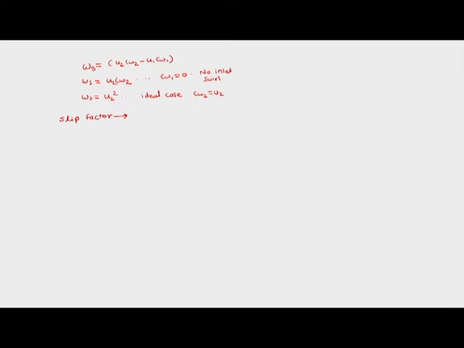So the blade has velocity U2 at the outlet of the vane, but the flow will have velocity CW2 which is not equal to U2, and the associated ratio between the two velocities is called the slip factor, which accounts for the inertia. So the slip factor is sigma, and sigma is equal to CW2 upon U2, and in ideal case sigma is equal to 1.